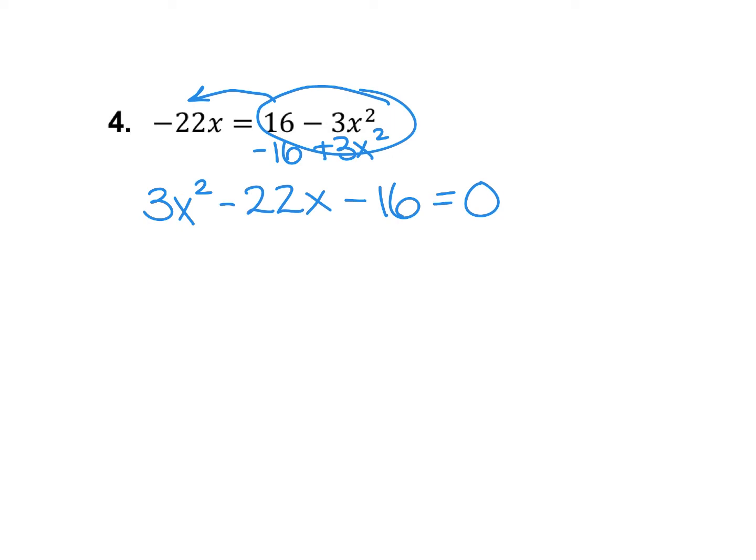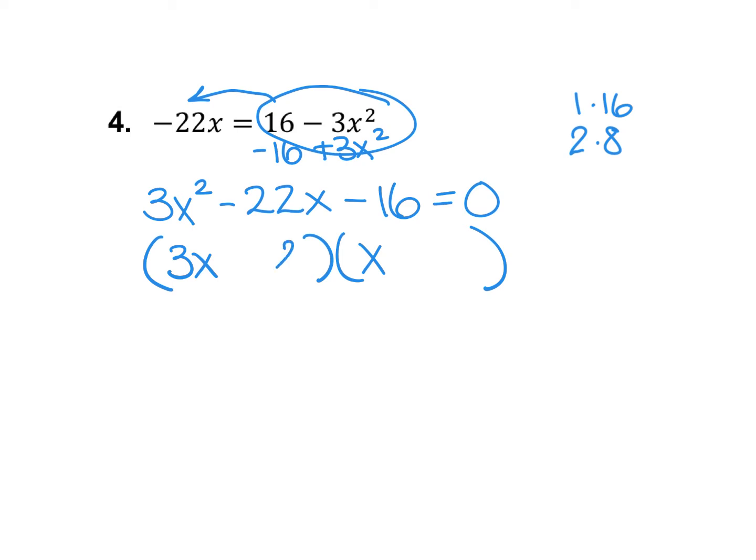Now let's go ahead and factor it. I'm going to have a 3x, and I'm going to have an x. My factors of 16 are 2 and 8, 1 and 16. So let's start with the 2 and the 8.